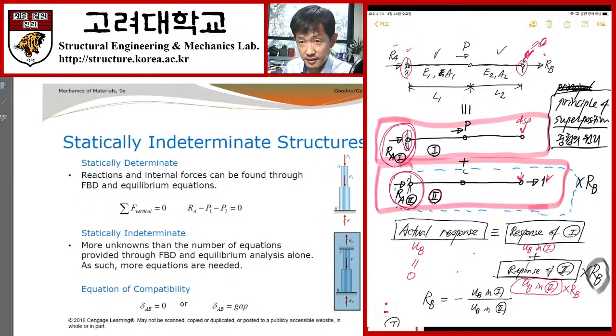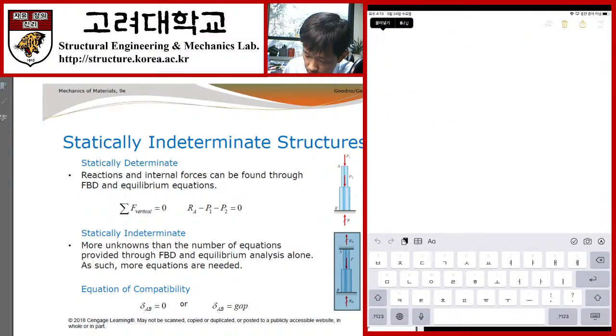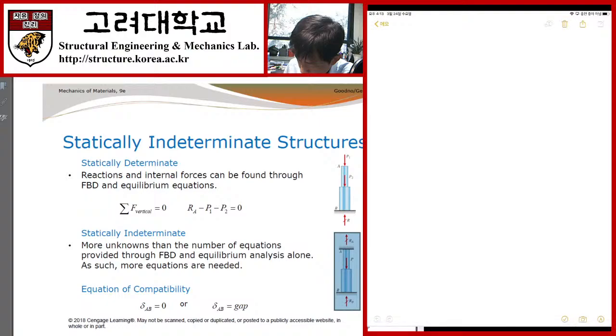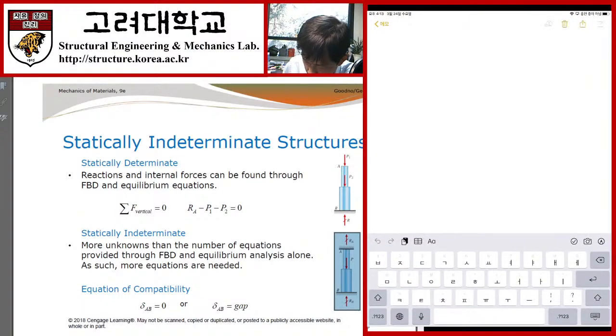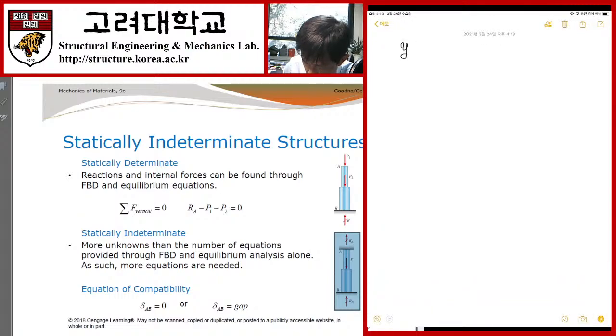Any other questions? Since Sumin asked me questions, let me explain a little bit more about the principle of superposition. So let's consider we have a linear elastic system. Let's consider a function, y is equal to a function of x.